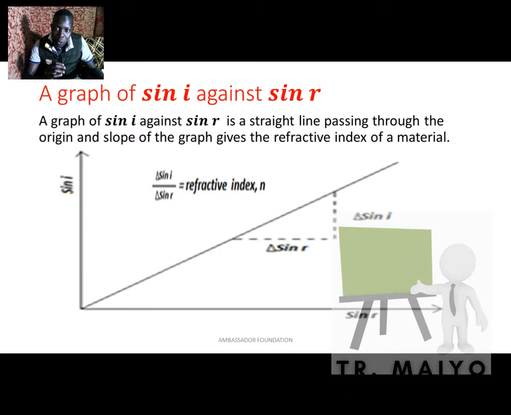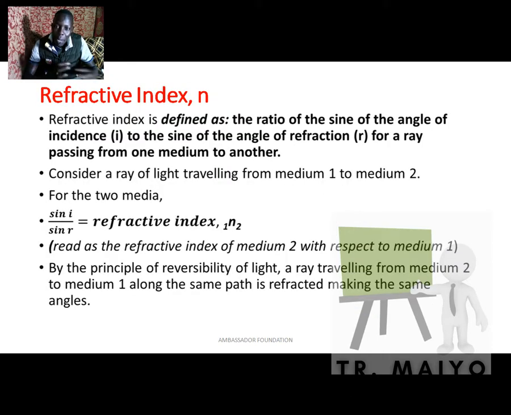Yes. So now, the definition of refractive index. I said it earlier. It's like the definition of Snell's law. Now, what is there is this. When the ray is traveling from medium 1 to medium 2, this letter that looks like N but is not N is used to denote refractive index.